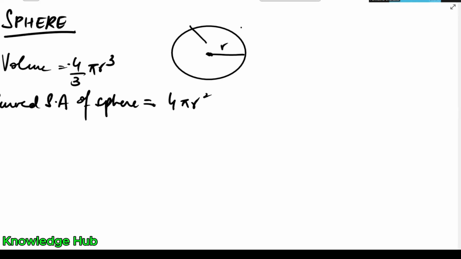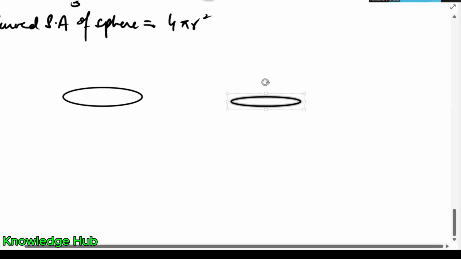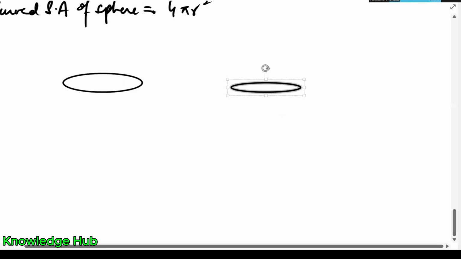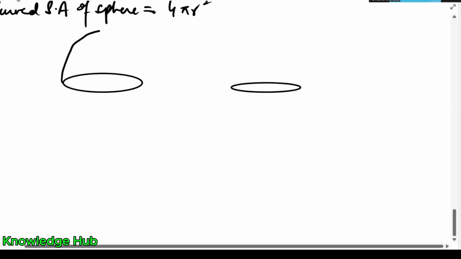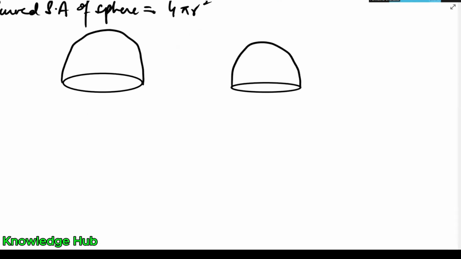Now, let's talk about a hemisphere. Okay, so we have two types over here.